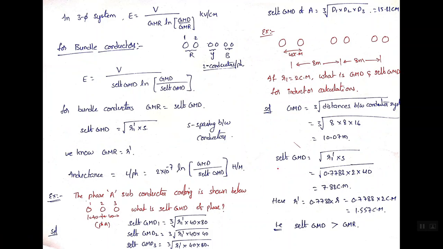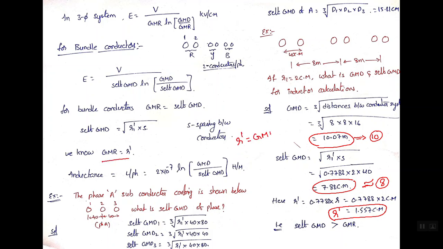What can we conclude from this example? We got a GMD value of 10, a self GMD value of nearly 8, and an R dash value of 1.57. We know that R dash is nothing but GMR.